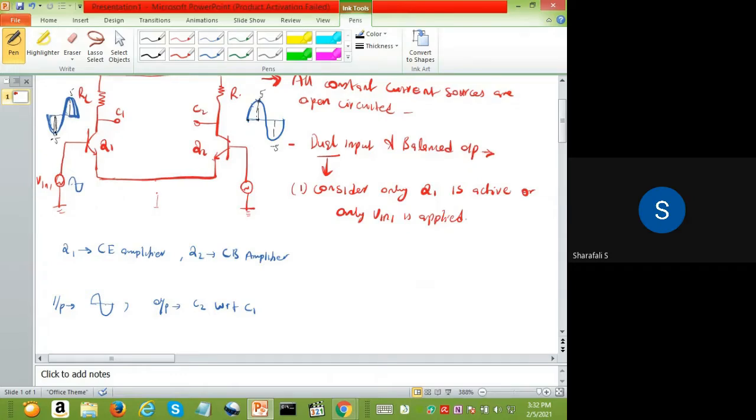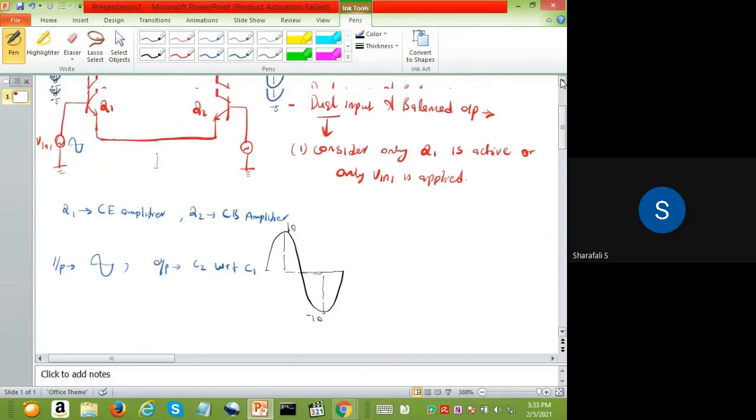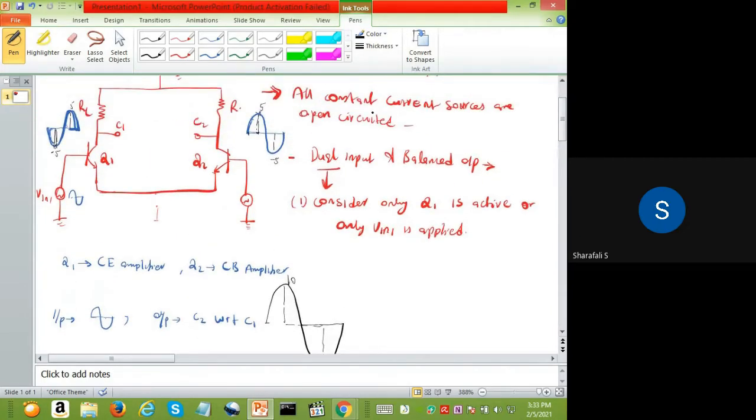I'm taking these 2 points. Consider, here I am having positive 5, minus the potential here, that is minus 5. So the total potential will become 10. Right? So the output will become this, with minus 10 here, C2 with respect to C1. That's what we have to measure. Right?